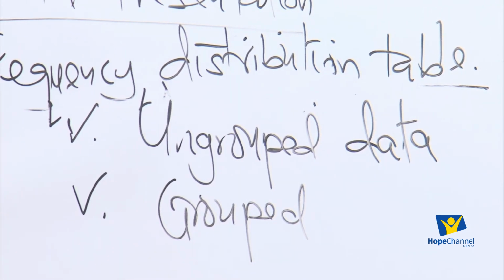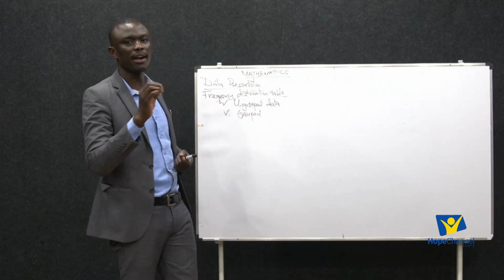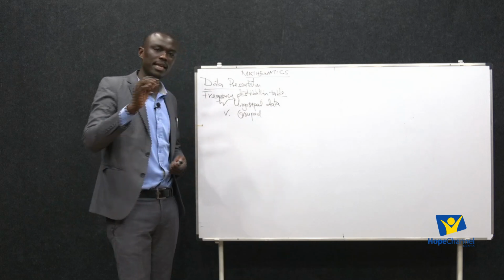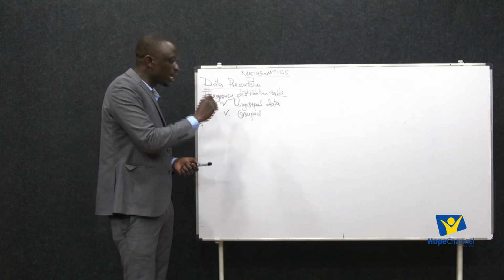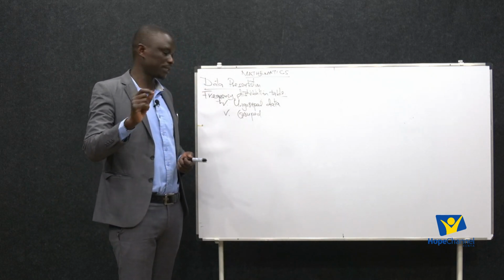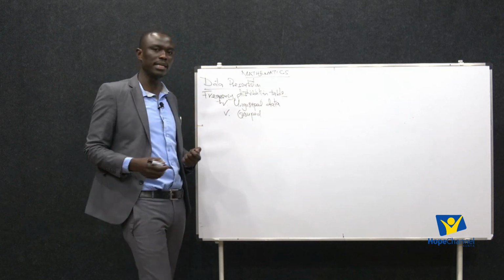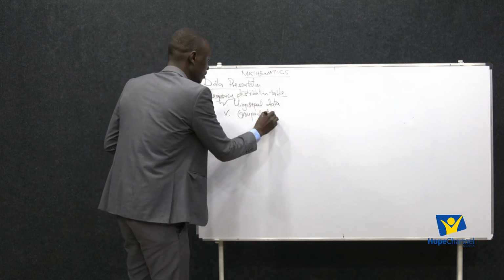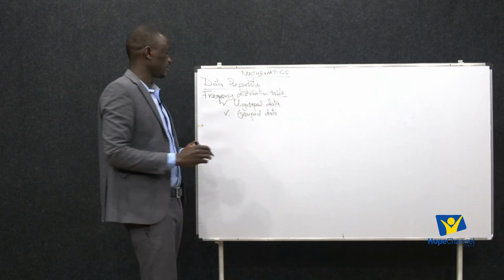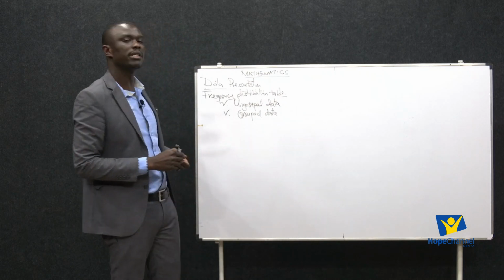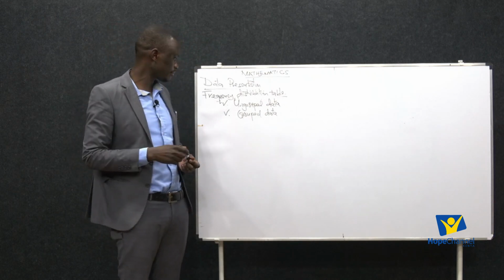So we can have grouped data, or we can have ungrouped data. The way we present grouped and ungrouped data will dictate how our table is going to appear.